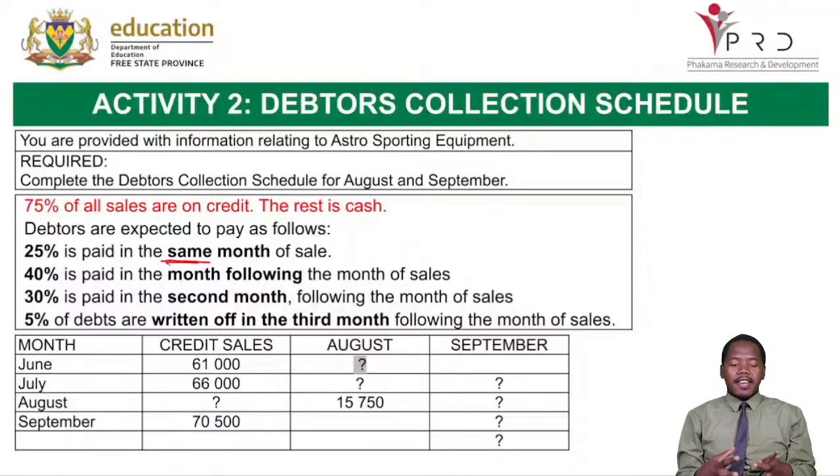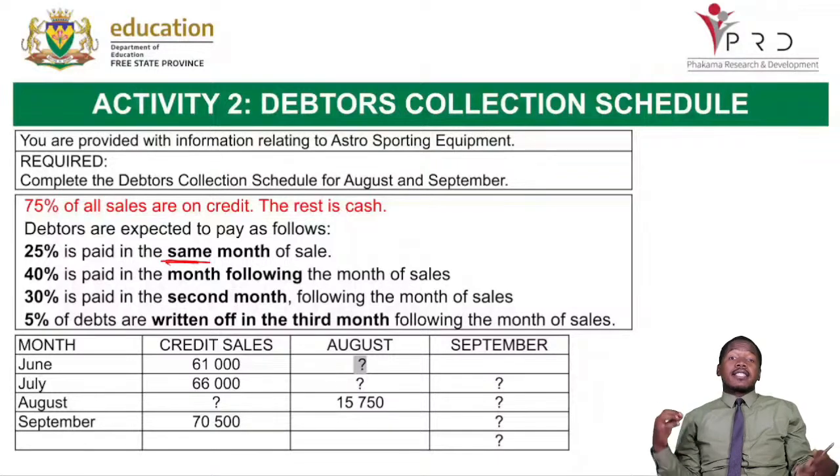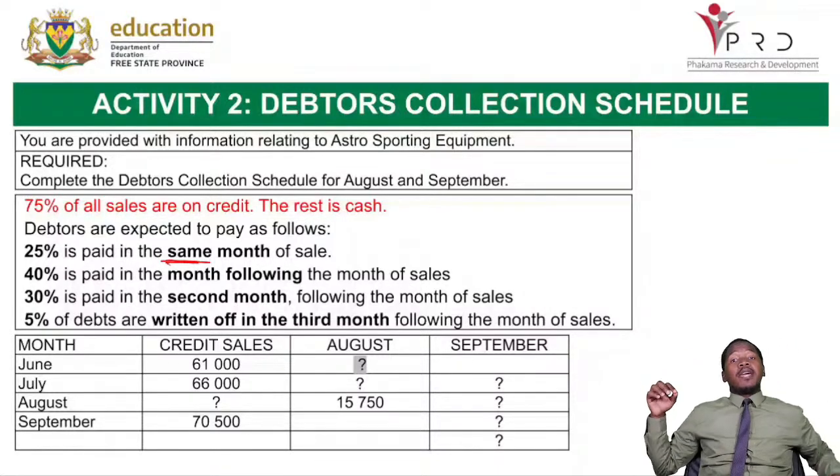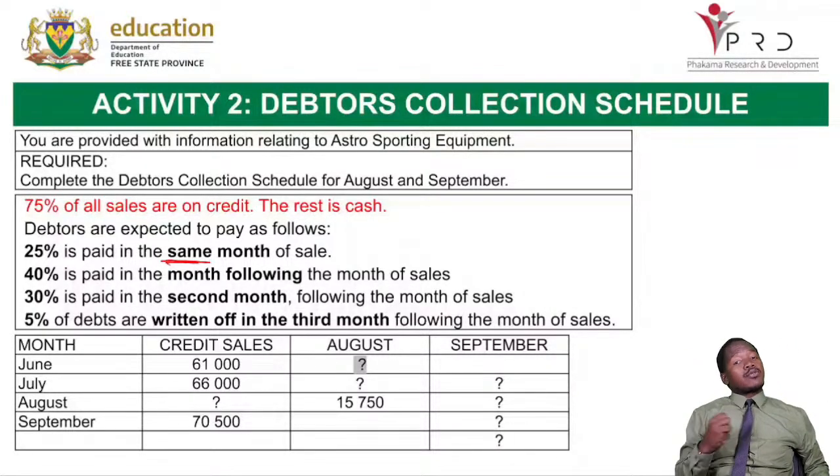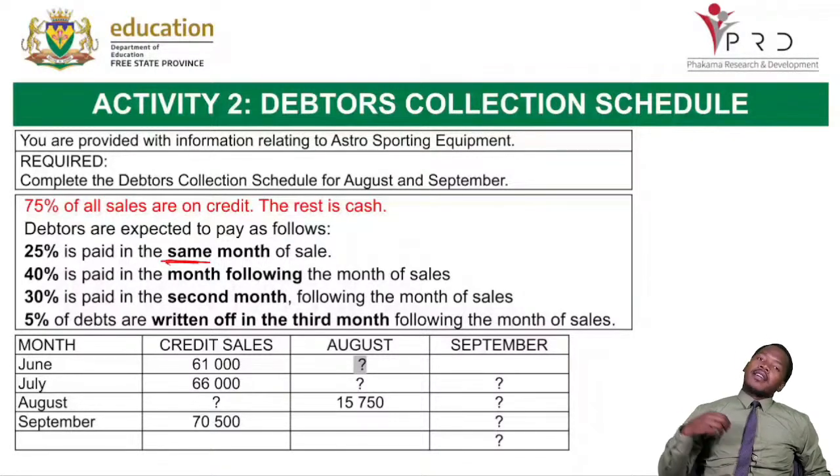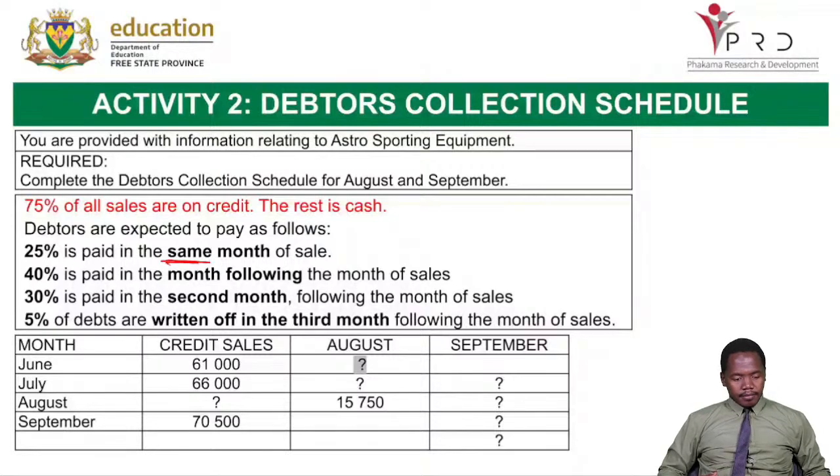If I sell in February, I collect in February. That will be my first collection. But I'm not going to collect everything. If the person is owing me 10 rand, I will only collect 2 rand 50. That is 25%. Second month, I'll collect 40% of the amount. Third month, I collect 30% and then 5% will be written off.